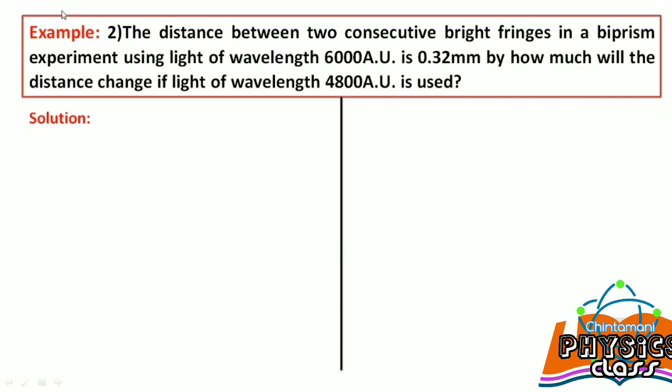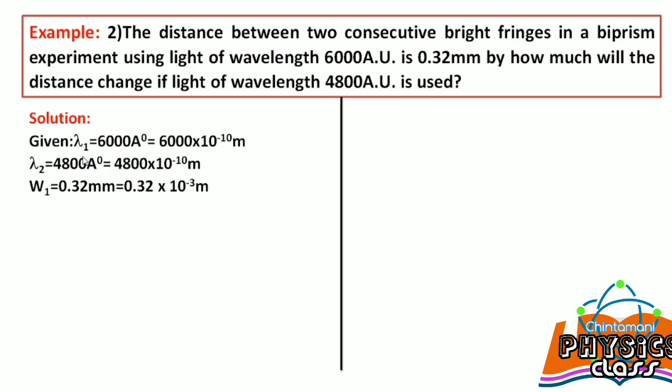Now second example. The distance between two consecutive bright fringes in a biprism experiment using light of wavelength 6000 angstrom unit is 0.32 mm. By how much will the distance change if light of wavelength 4800 angstrom unit is used?